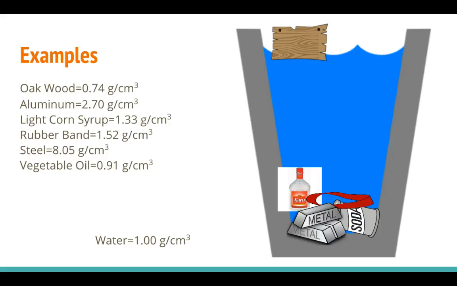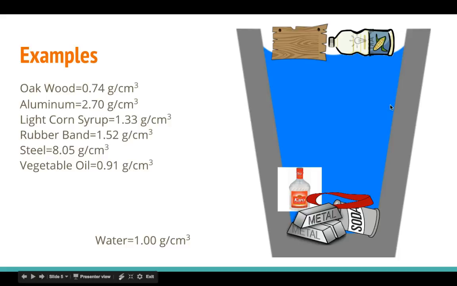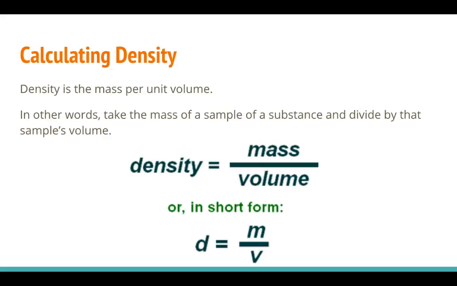It's 0.91, and it's going to float just like the wood is. Again, this is just an illustration. It may not look exactly like this. But the whole idea behind density is whether it'll float or sink and the compactness of it in a certain volume.